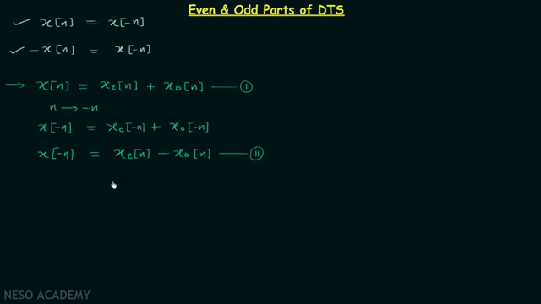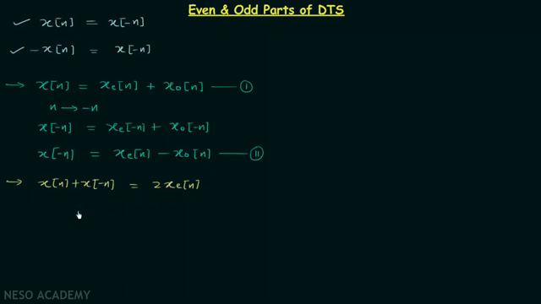And now we will add equation 1 and equation 2, and after the addition we will have x[n] plus x[-n] on the left hand side, and on the right hand side we will have xe[n] plus xe[n] plus xo[n] minus xo[n]. This means xo[n] and minus xo[n] will be cancelled out, and we will have 2 times xe[n].